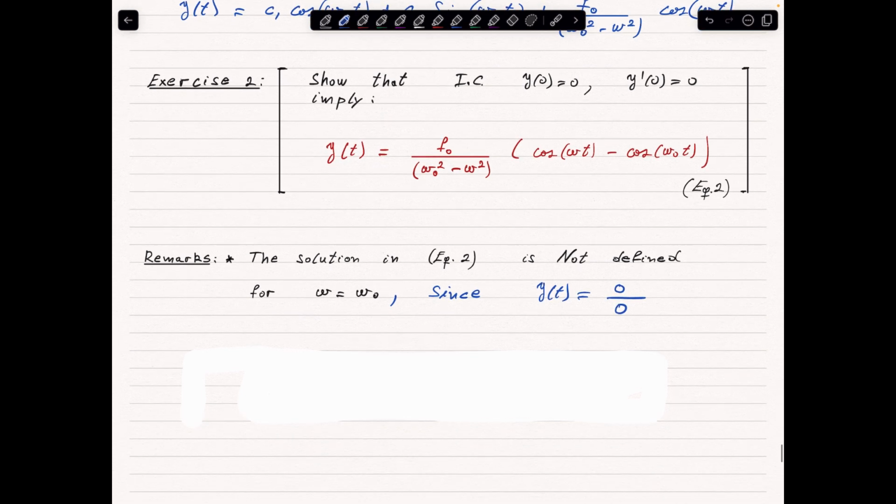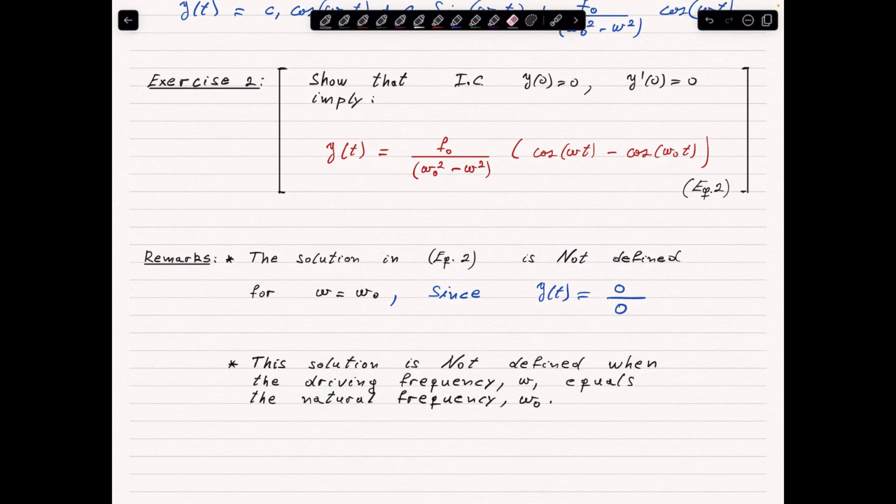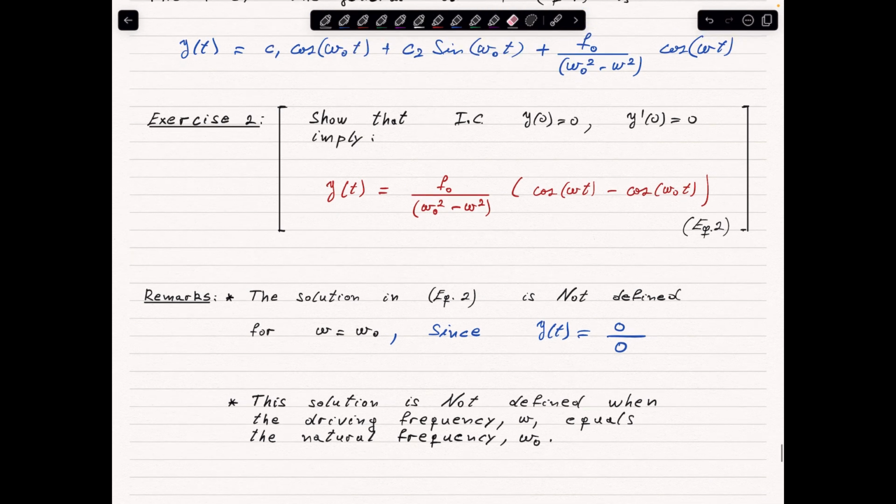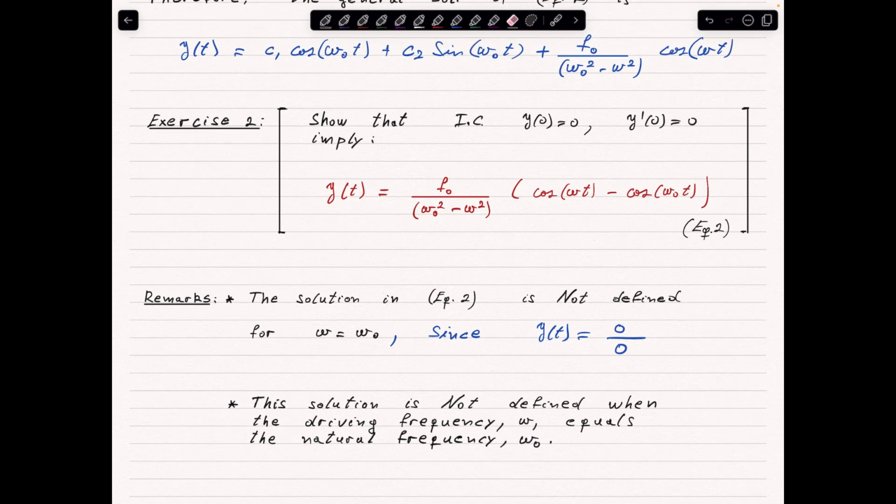So this solution is not defined when the driving frequency equals the natural frequency. But it is defined for any other driving frequency, and what we are going to do now is study what happens when the driving frequency is very close to the natural frequency.